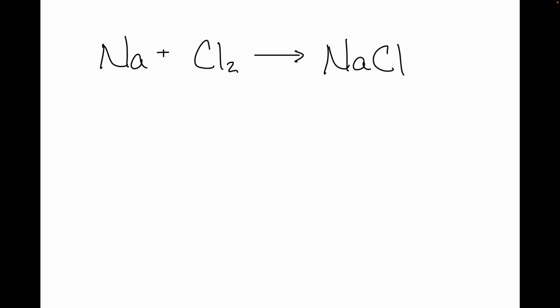Okay? So step one, we're going to make this little table underneath our chemical equation where we keep track of the number of each element. In this reaction, it's a sodium and a chlorine. And we're going to total up the number of sodiums and chlorines we see on the reactant side, and then do the same thing for the product side.